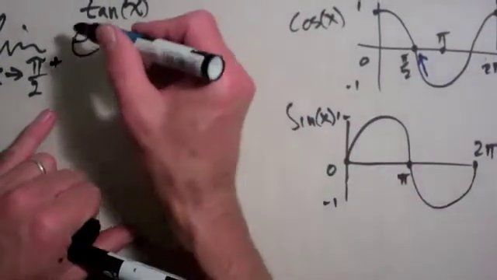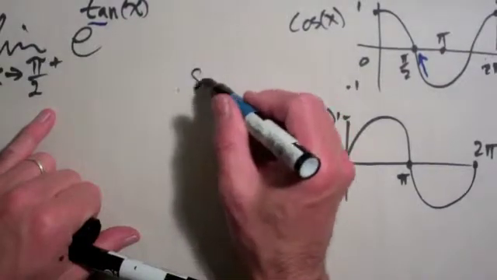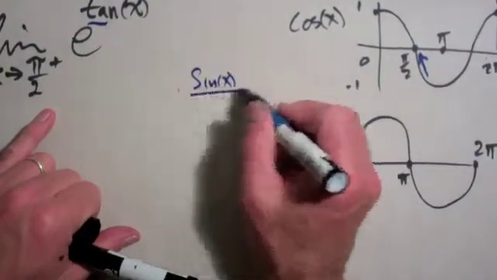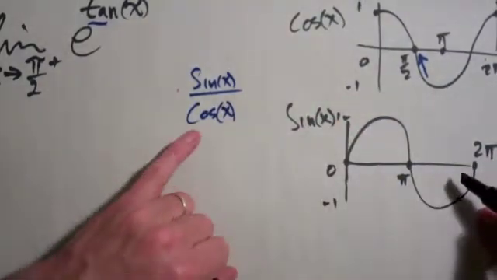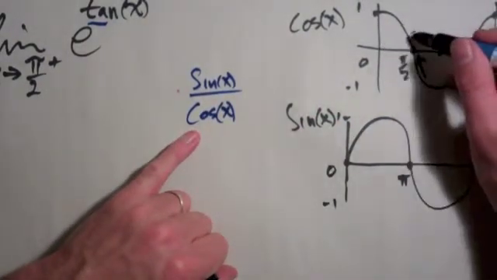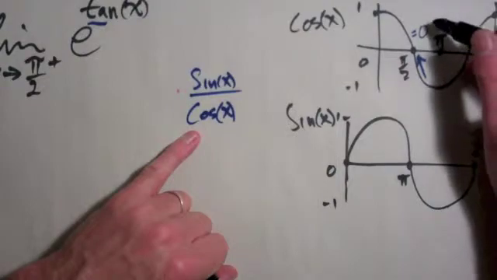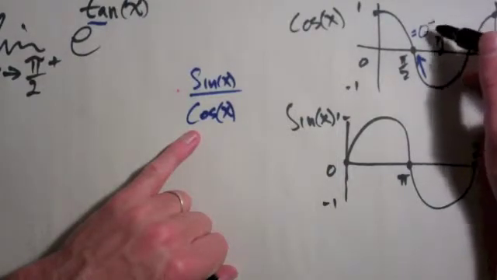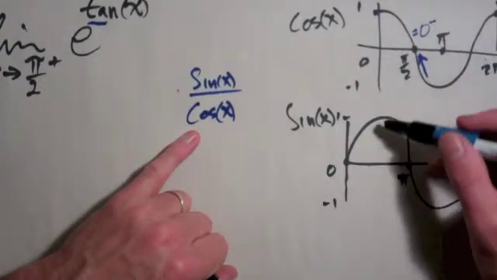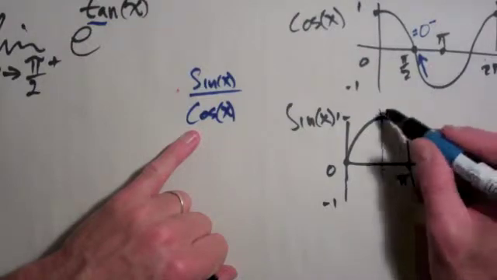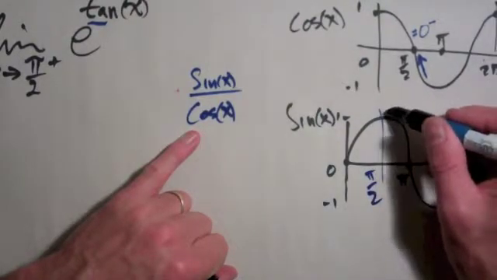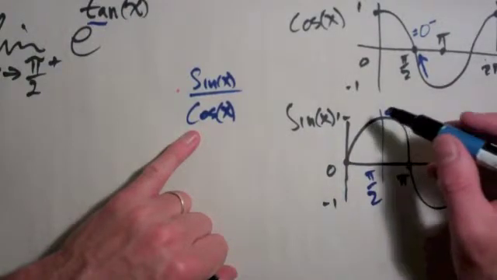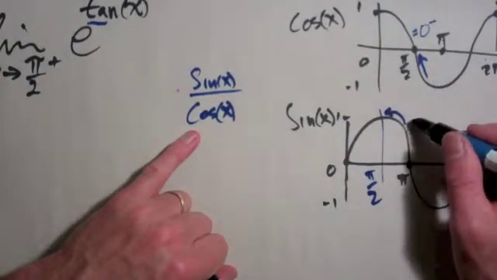Sorry, we're doing tangent, but tangent is sine of x over cosine of x. So I just need to ask myself, what's happening? This is going closer to 0 from below, from minus. And here, as we're getting closer and closer to pi over 2, from above, that's getting closer and closer to 1.